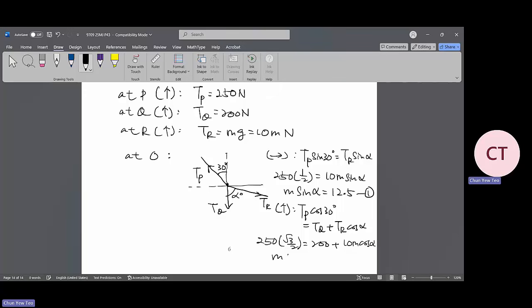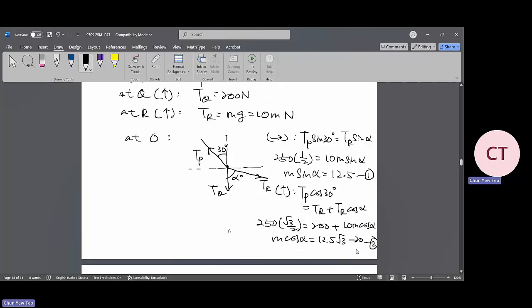So you will get m cos alpha is equal to 12.5 root 3 minus 20. Okay, sorry, divide by 10, so it's not 200, it's 20. That will be your second equation.